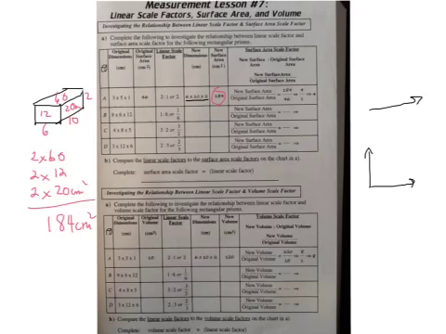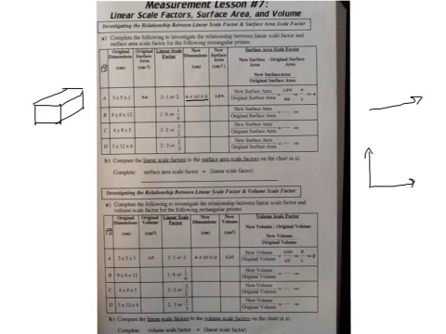So here we go. We're having an original. The original one is 9 by 6 by 12. So if you do all the math, you're going to get an original surface area of 468. So again, 9 times 6 would be 54 on the top, 54 on the bottom. 6 times 12, you're going to get 72 on the sides, and 9 times 12, you should get 108.